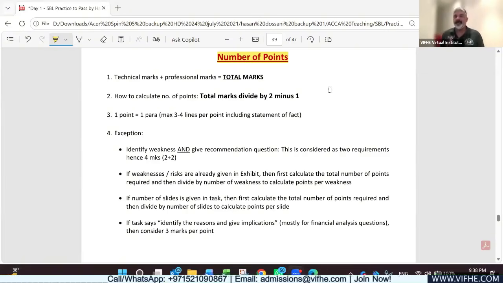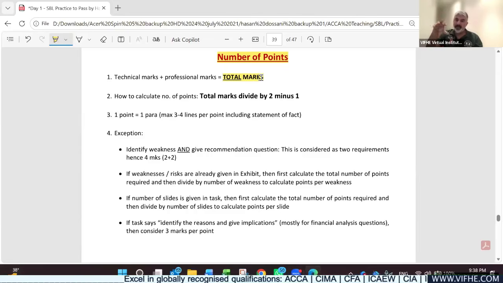Now, another very important topic, number of points. You have to calculate the right number of points, meaning how many points you are supposed to write for each question. Number of points depends on the total marks. If the marks are high, you have to write more points.